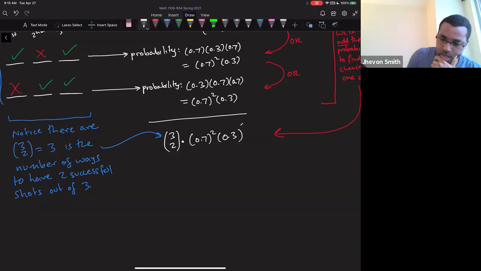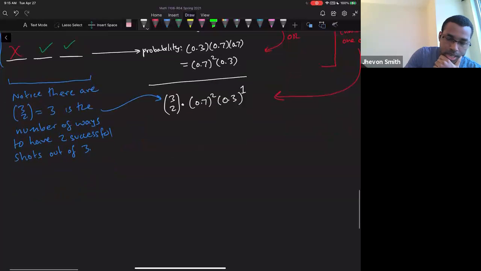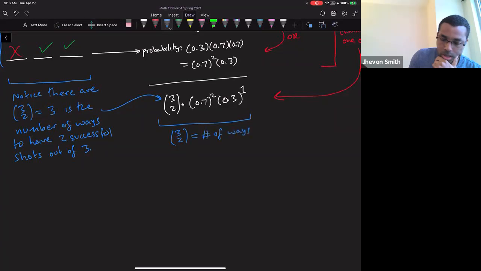So you'll notice here, this is a 1, and I want you to realize these numbers. So this is 3 choose 2, the number of ways to get 2 successes and 1 failure.